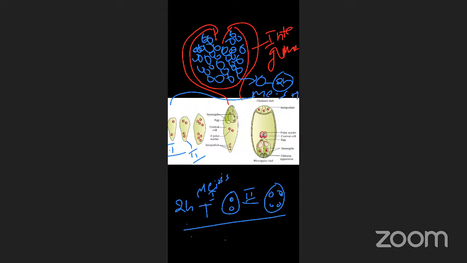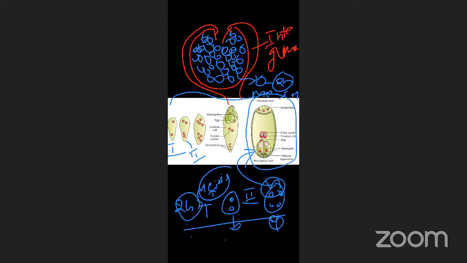Megaspore mother cell, meiosis 1, two nuclei, meiosis 2, another two nuclei, total four. These four are called megaspores. After formation, these megaspores are all haploid. These haploid megaspores further develop into the embryo sac or female gametophyte. This structure is called the female gametophyte.